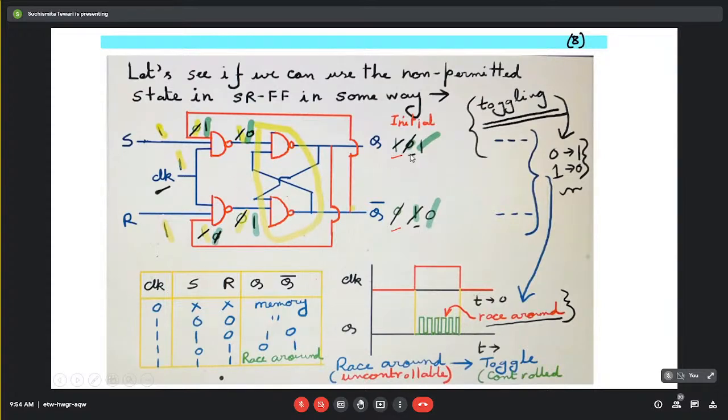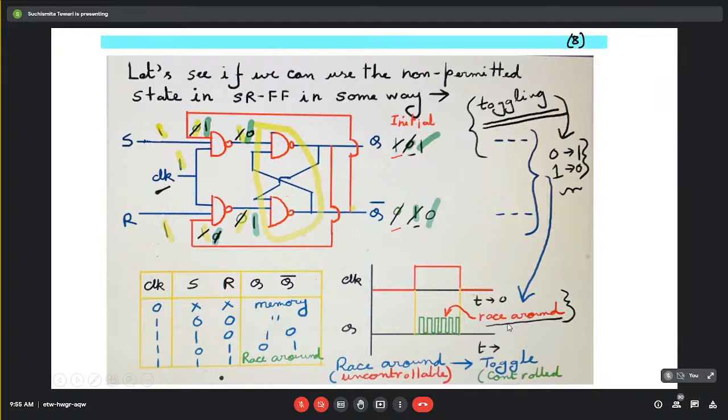So if we continue keeping this clock 1, S equal to 1 and R equal to 1 throughout this entire enabling clock period, this will continuously change its states from 0 to 1 to 0 to 1, like that. And we won't be able to control this change of state until and unless we put a 0 over here. So this particular thing is what we call the race around condition.